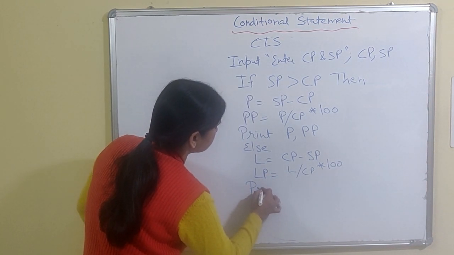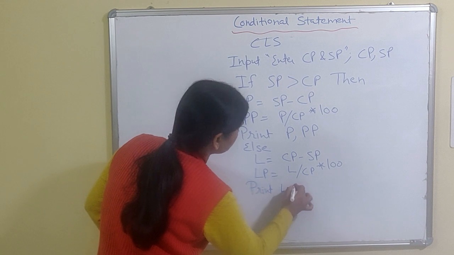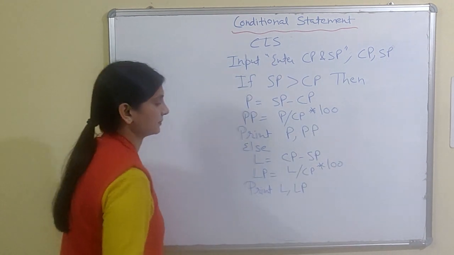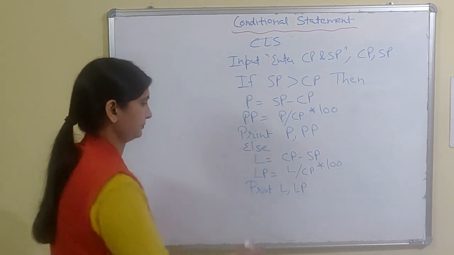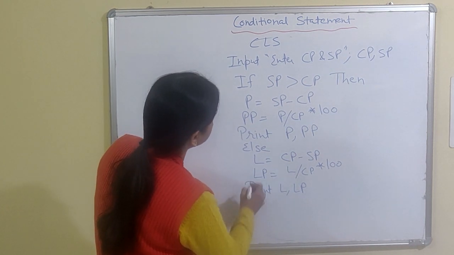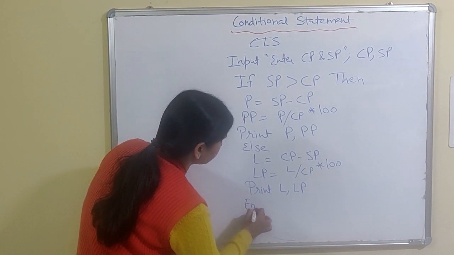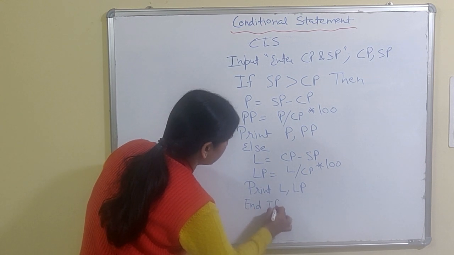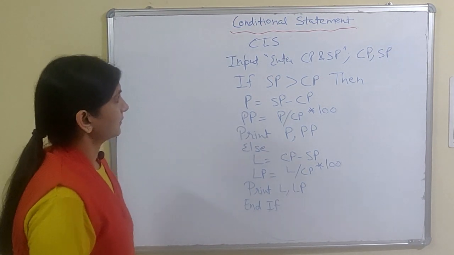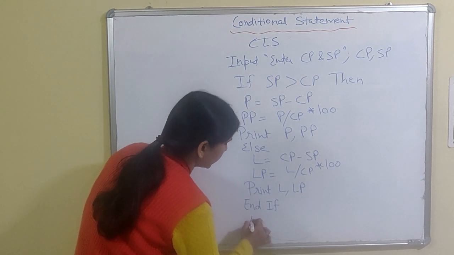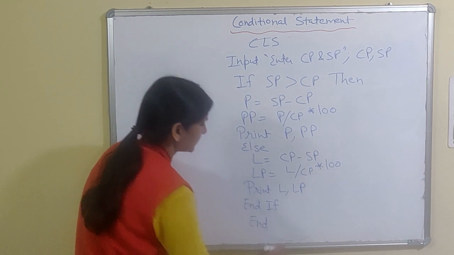Print L comma LP. Fine. And then we need to close if, and for that we will use END IF. Fine. And to end the program we will use END.